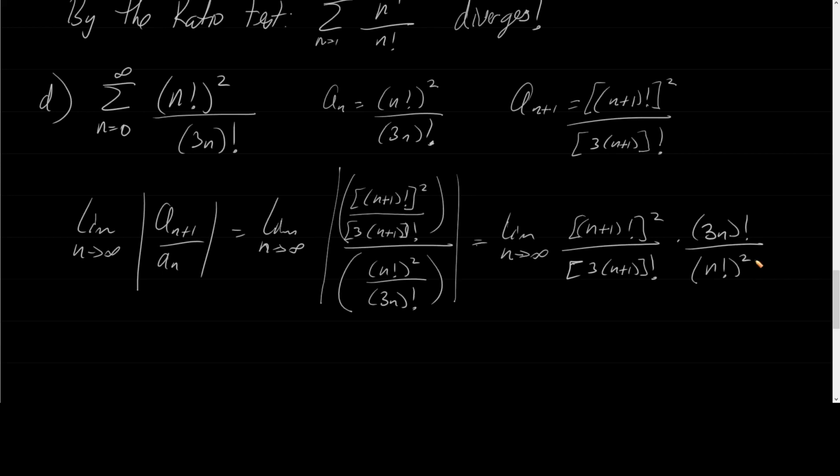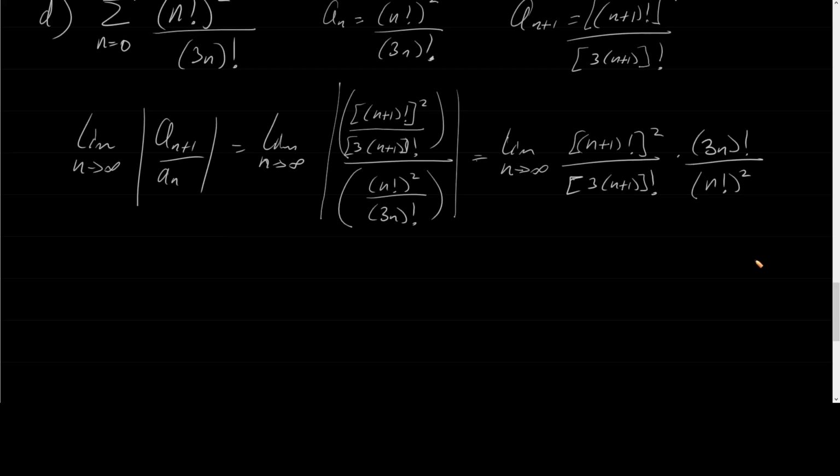Let's rewrite some of this, right? What do we really have here? In here with this n plus 1 factorial, n plus 1 factorial really means n plus 1 times n factorial, right? And we have this entire thing being squared. So that's the same thing as saying n plus 1 squared times n factorial squared. We're going to keep that in mind as we rewrite this, right?